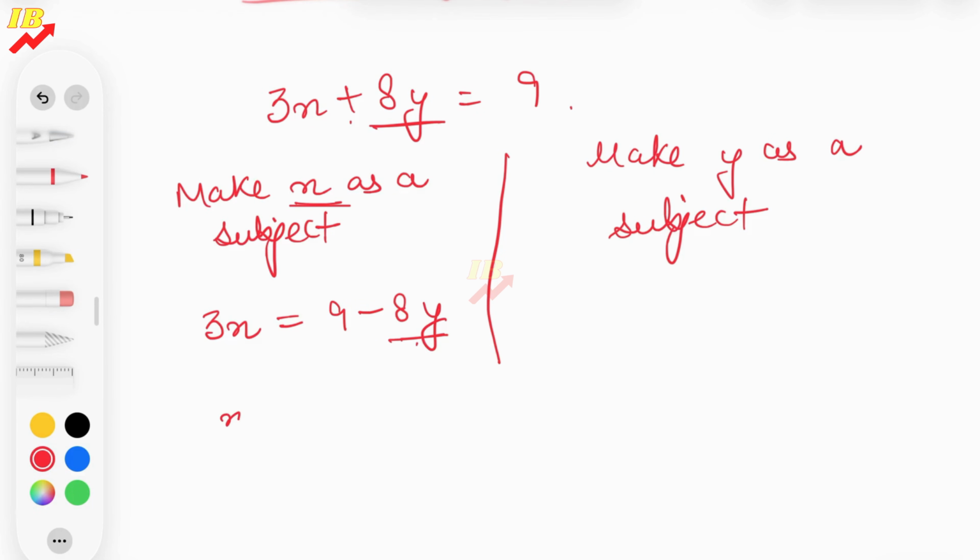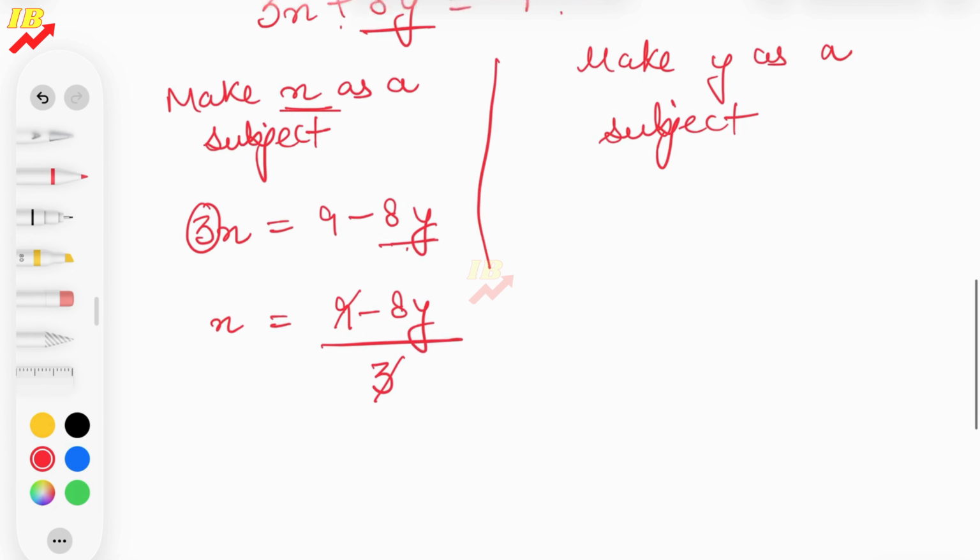Now leave x as it is here, and you take this 3 in the cross multiplication to the right side, okay? That will give you 9 minus 8y over 3, right? You're not supposed to cancel these two, okay? If you're doing that, that makes this question wrong, okay?